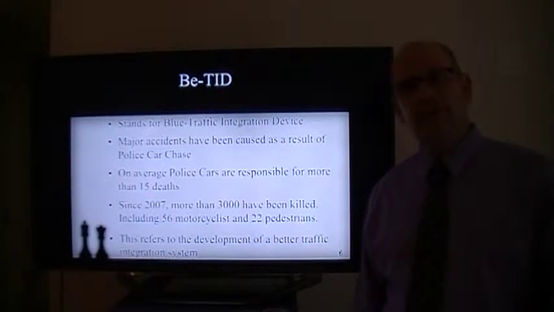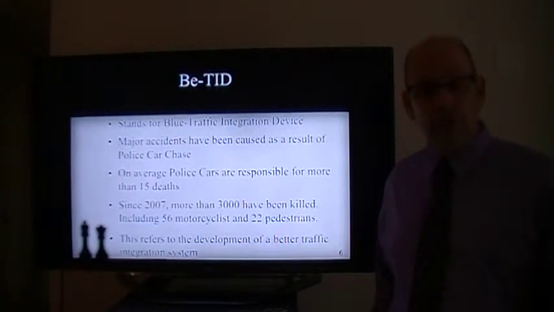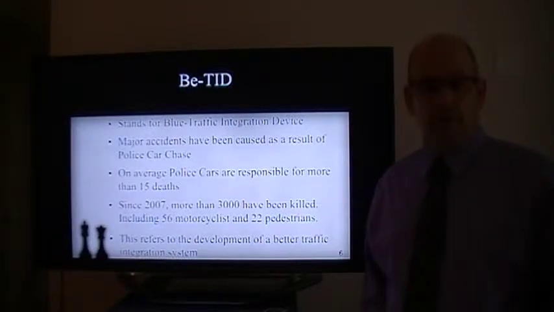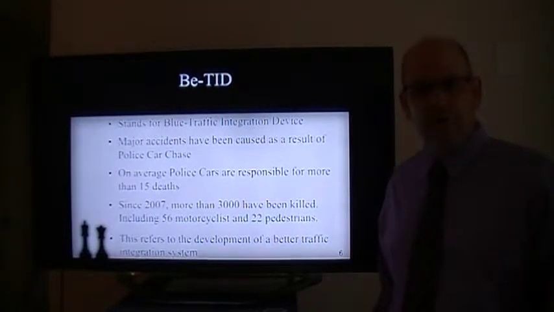That's an average of 64 a week. At least 2,494 victims were driving a vehicle, 56 were motorcycles, 22 were pedestrians, and 106 needed hospital treatment. These figures could be much worse if steps aren't taken. That's why I've created this device and used it here in my Capstone project. Next slide.